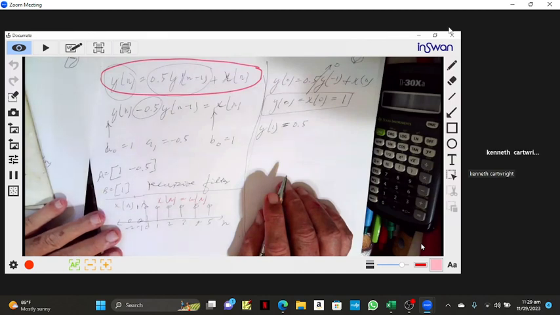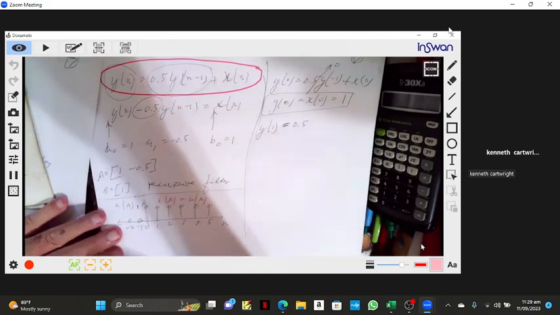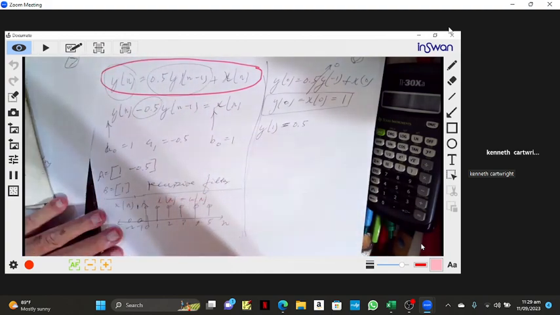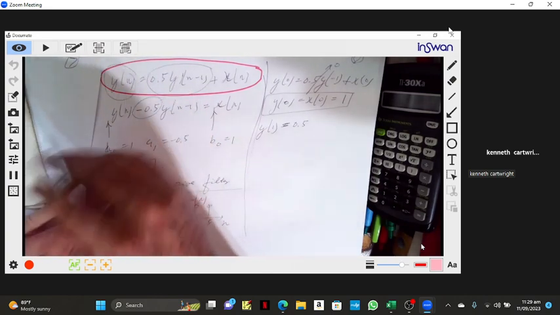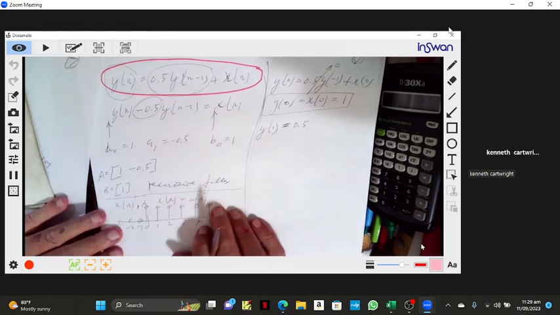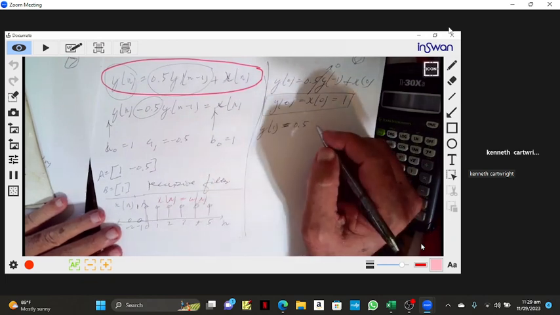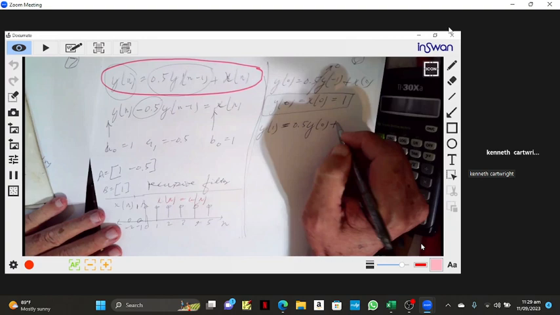How hard is it to read what's in red and tell me what that particular value is for n equals 1? y of 1 is 0.5 times y of 0 plus x of 1.